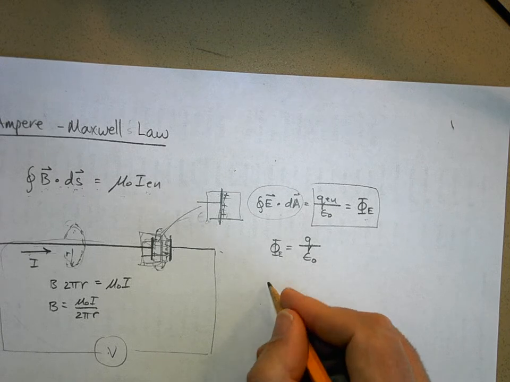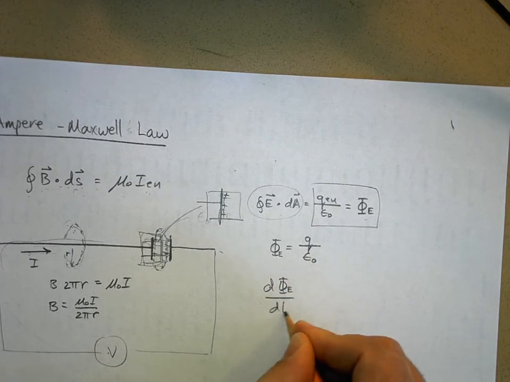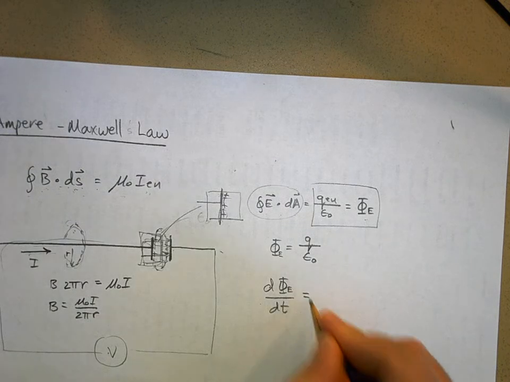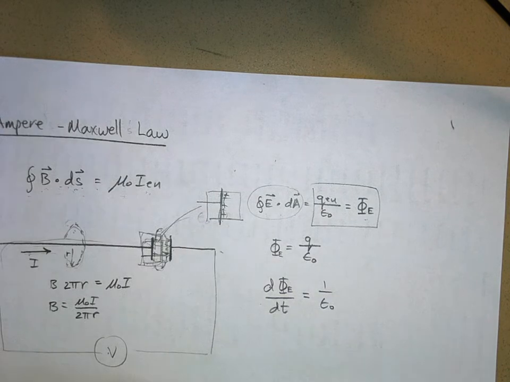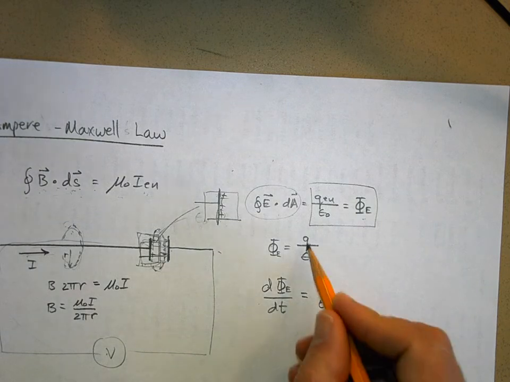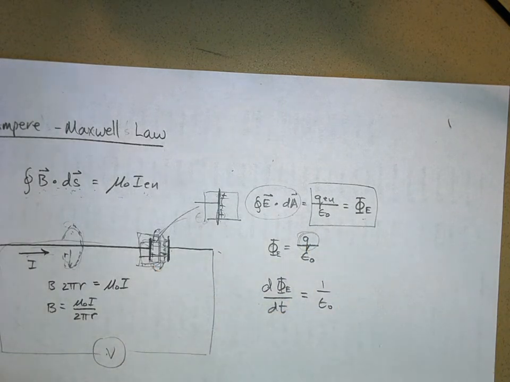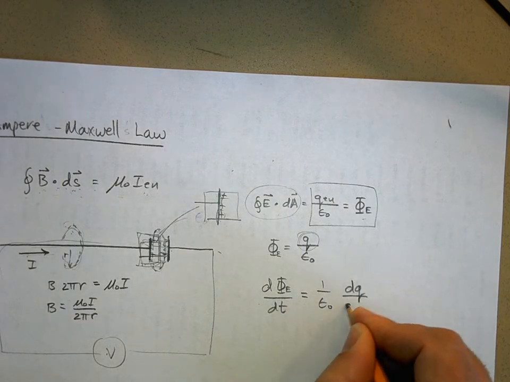So this is d phi dt is equal to, well, here we have a 1 over epsilon naught, right? 1 over epsilon naught. And then what have I got left? I got the charge on the plate, Q. But I'm going to take the derivative of that, and that's going to be dq dt.